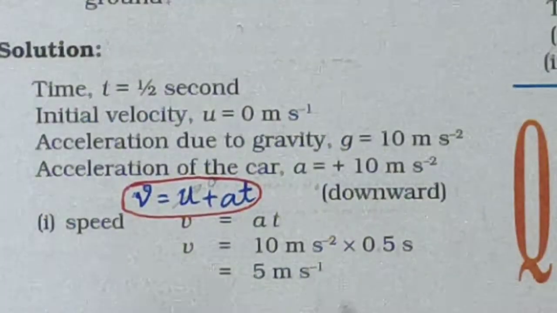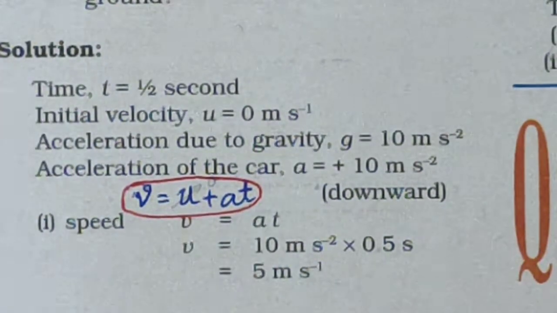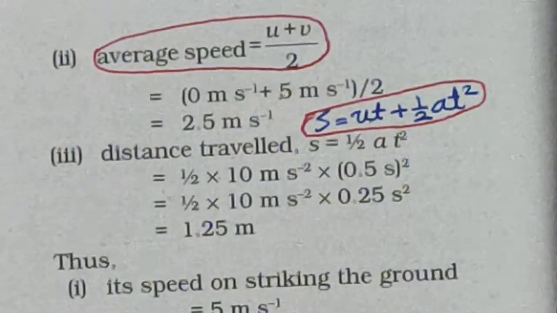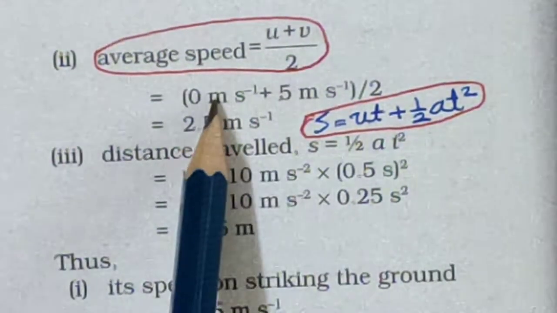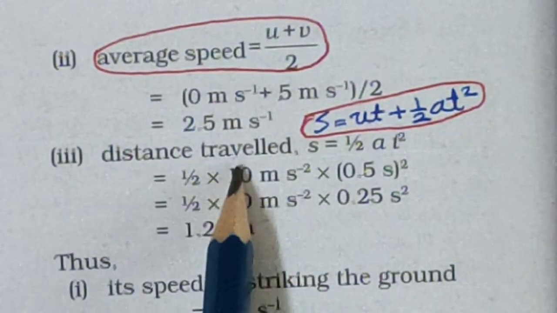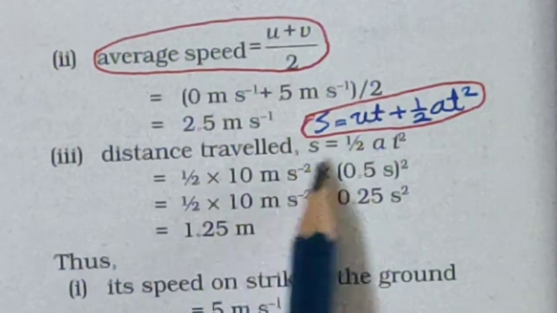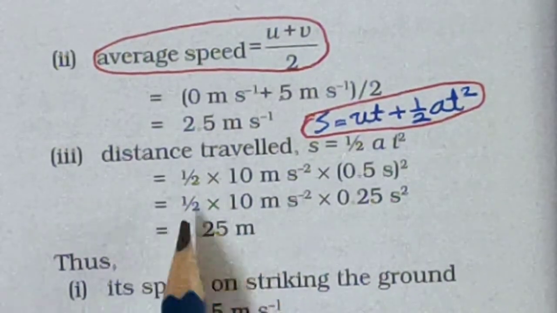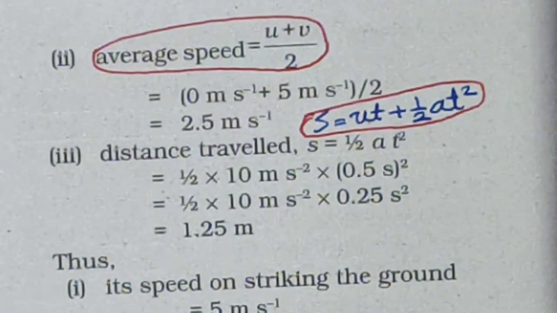The speed we got is 5 meters per second using v is equal to u plus at, where u is 0. Here average velocity we got as 2.5 meters per second, where initial velocity is 0. Here distance traveled, where s is equal to ut plus half at square and u is 0, we got after calculations 1.25 meters the car traveled.